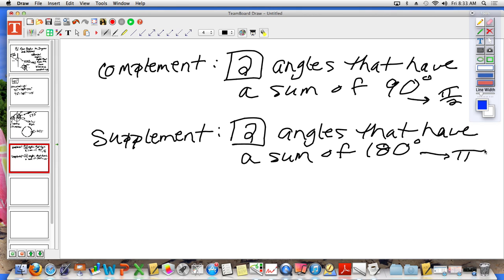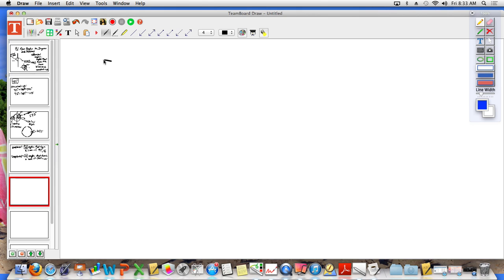A couple of examples. Let's find the complement of 2 pi over 5.